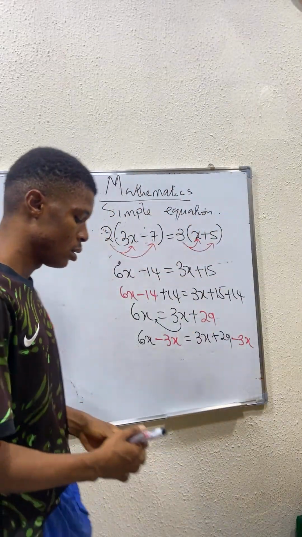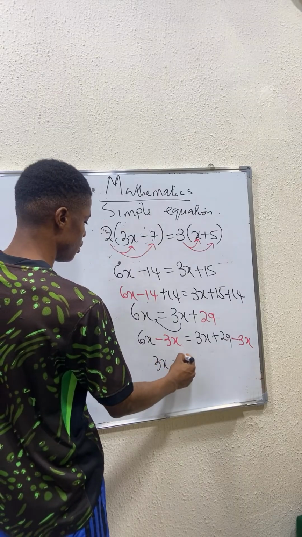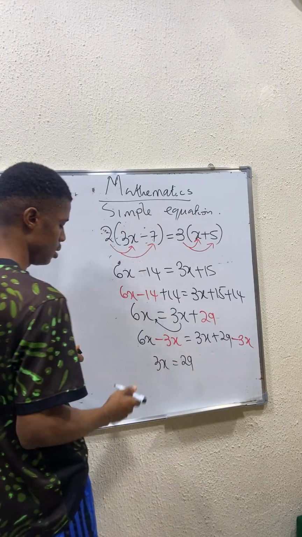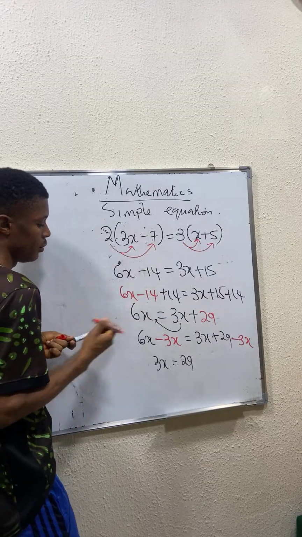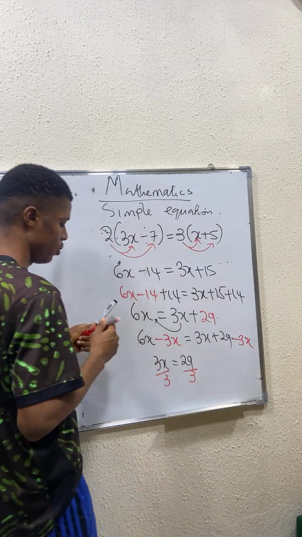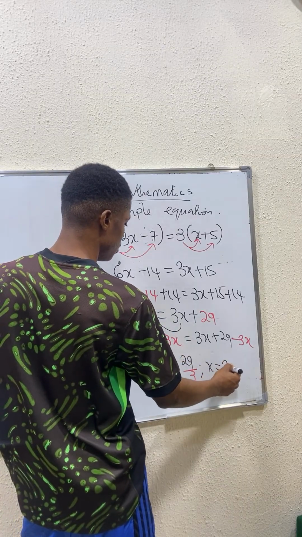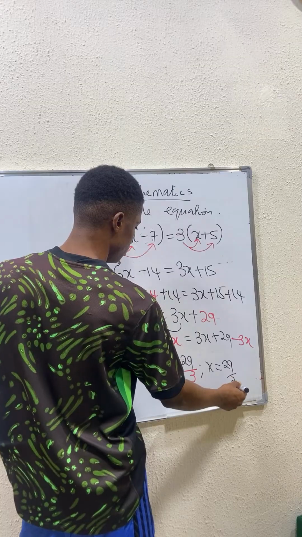So you have 3x is equal to 29. To get x, all you have to do is divide by 3 on both sides. If you divide through by 3, you see that x is equal to 29 over 3.